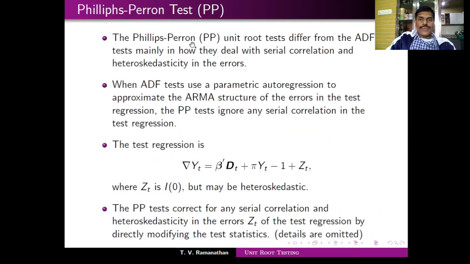Another test that we use is suggested by Phillips and Perron, called the PP test. The PP test doesn't use the P lag differences, but continues to work with the usual form, where the regressor has to be y_{t-1}.